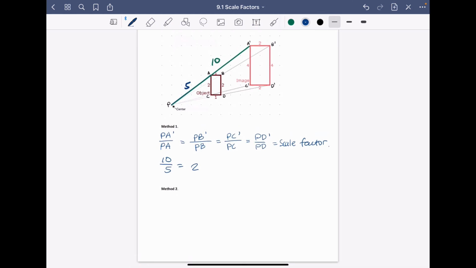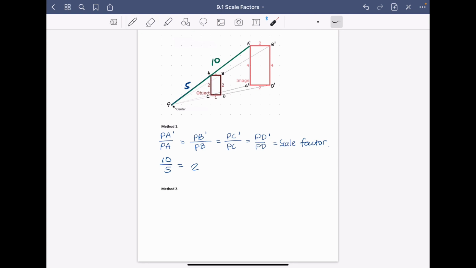And our second method is that we can measure the length of the corresponding sides and find the ratio. So for example, AC and A prime C prime here are a pair of corresponding sides. A prime C prime is equal to 4 and AC is equal to 2.